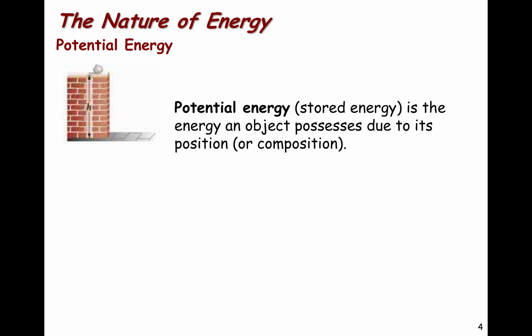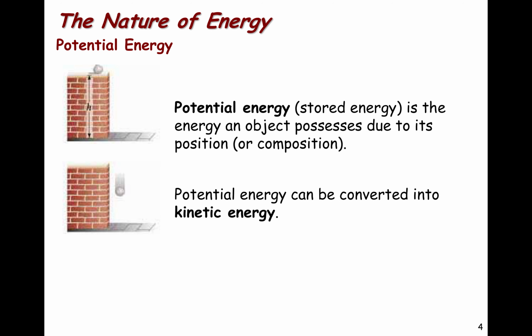And so if you see here an object such as a ball sitting on top of a wall, it has gravitational potential energy, because if it were to fall off of that wall, it would then begin to move, and that energy that was potential energy is now turned into the energy of motion, which is kinetic energy.